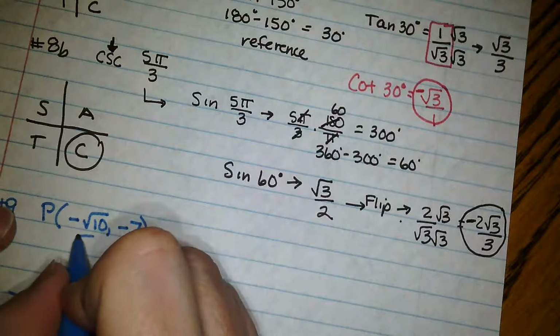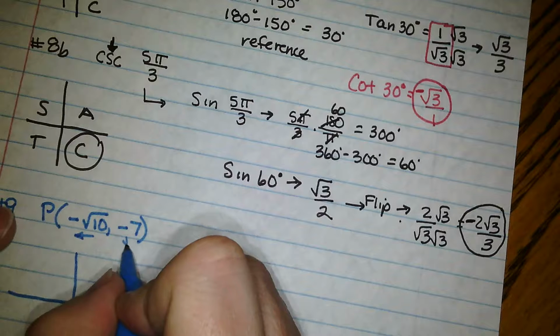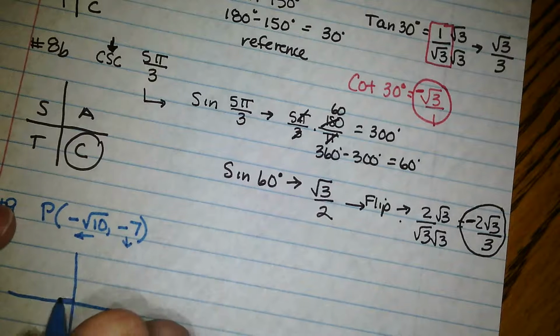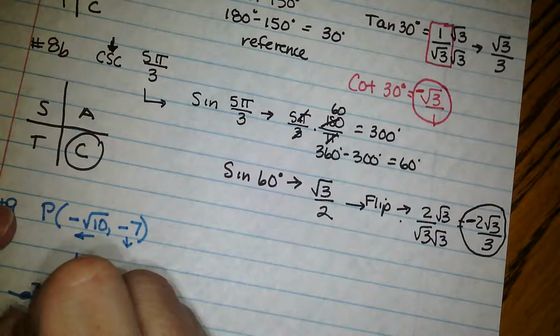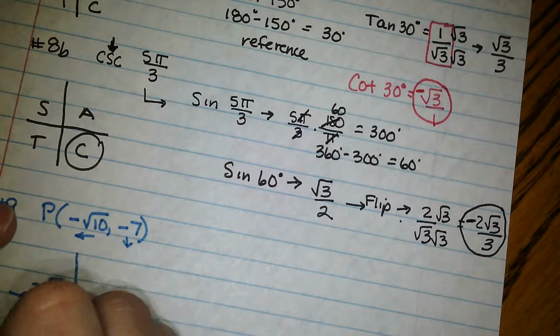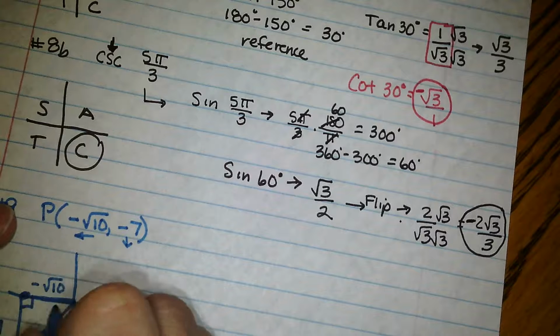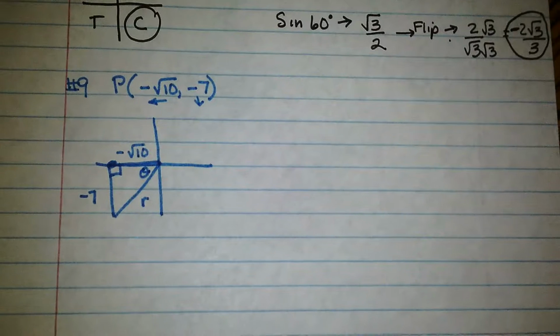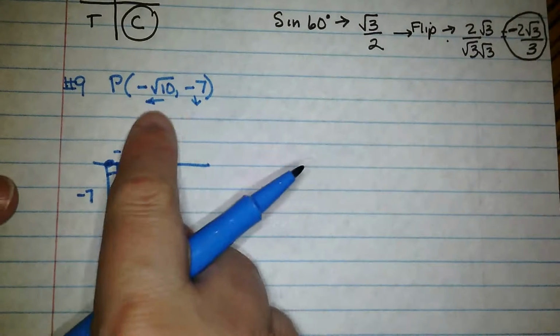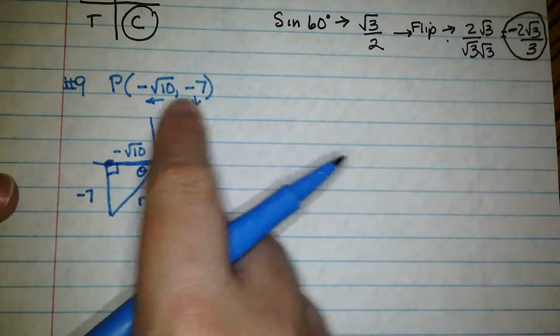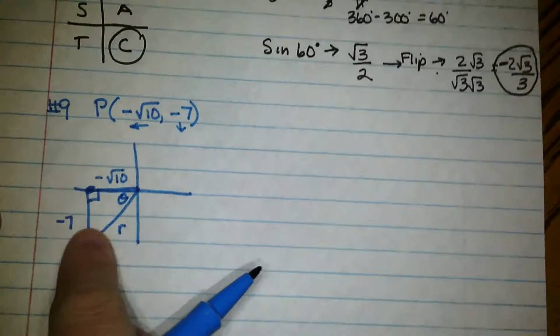A negative means left and a negative means down. This is missing the R value. So negative radical 10 means left, negative 7 means down, and we are missing the R.